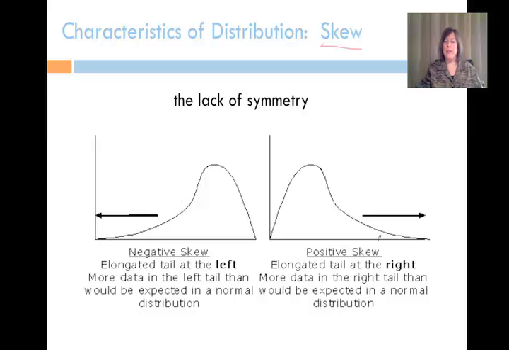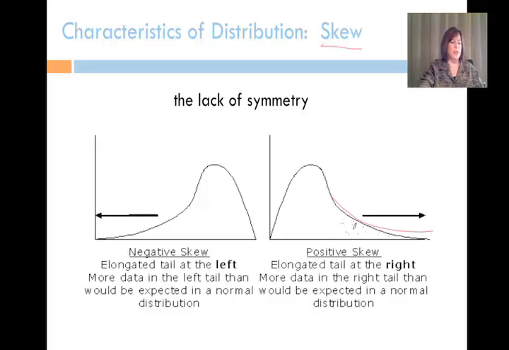And just the opposite with this distribution, the distribution on the right-hand side. It's positively skewed as the tail of the distribution is elongated to the right. There are more data points in the tail here than you would ordinarily expect.